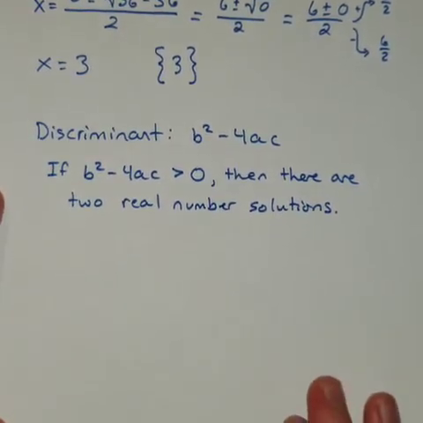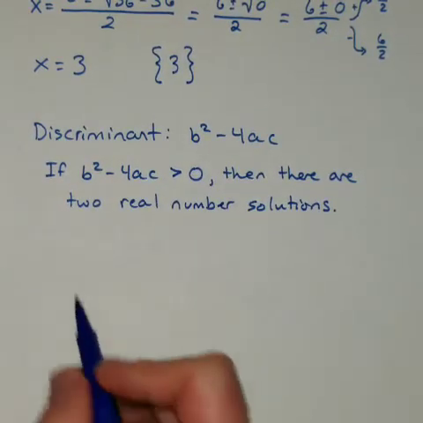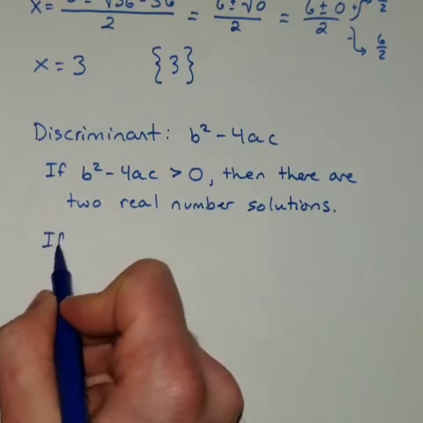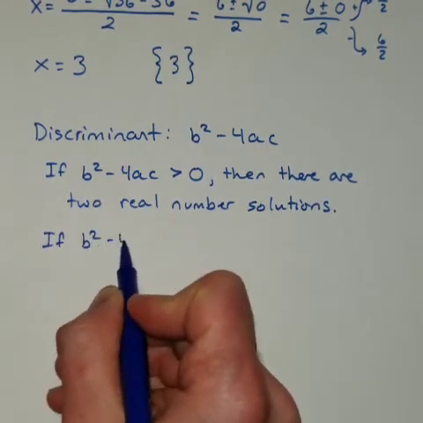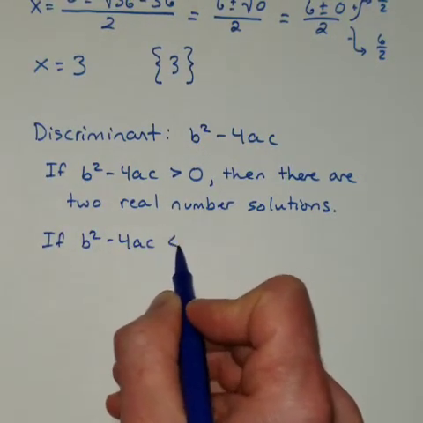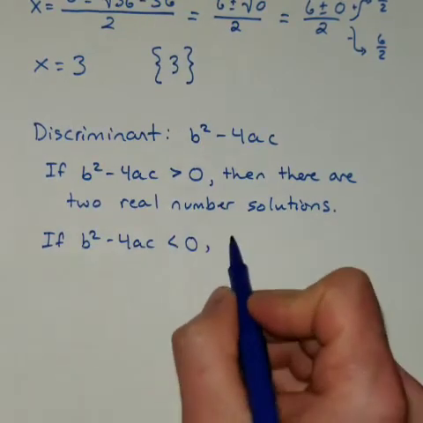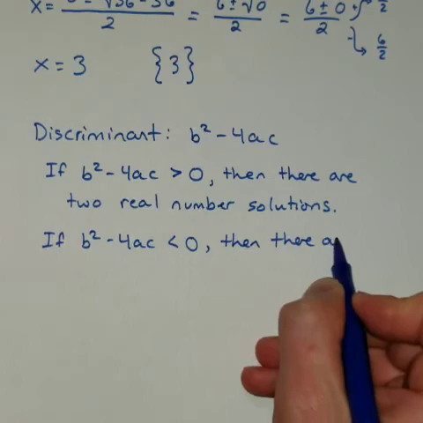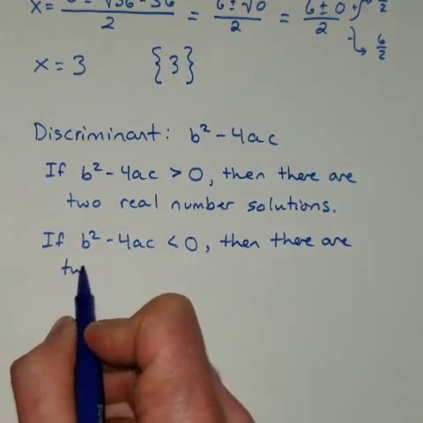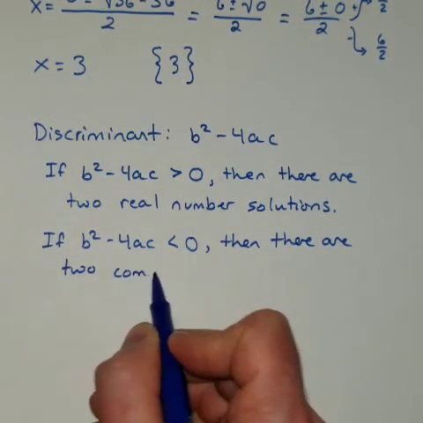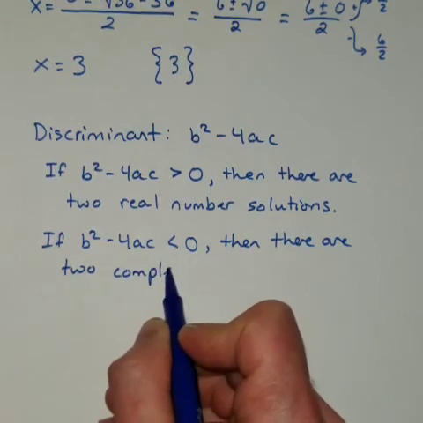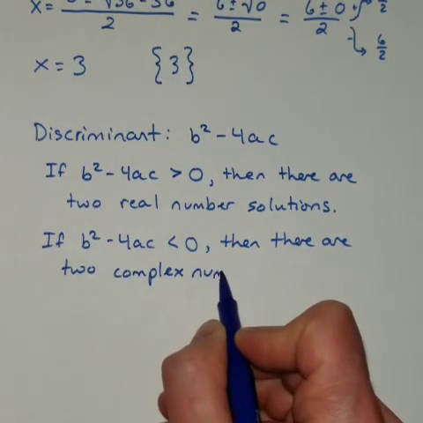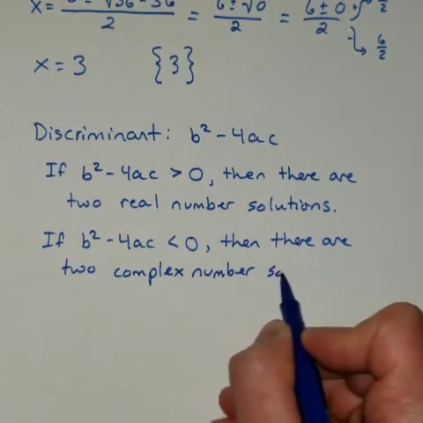Those were the first two examples we saw. If that discriminant is less than 0 or a negative number, then there are two complex number solutions.